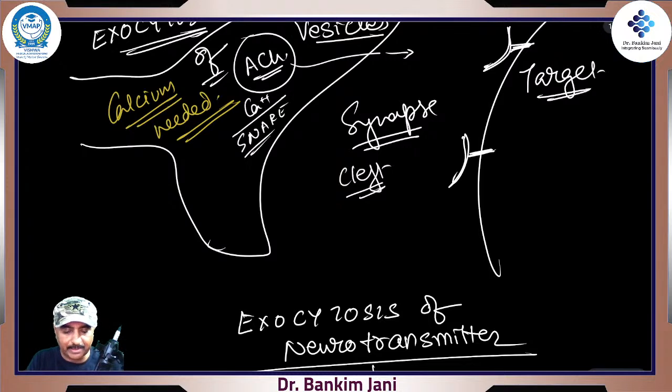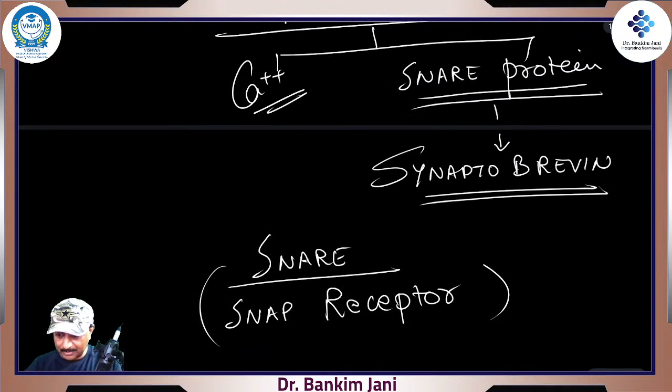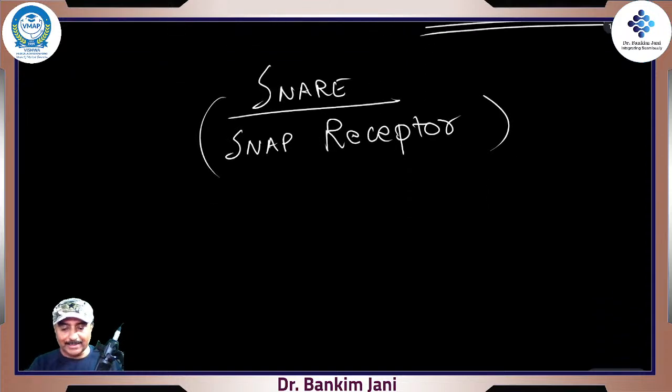What will this SNARE be doing? They attach to the surface and then they make the way. They are like the big boss and they say, make way, let the acetylcholine go out. So in case this SNARE protein is affected, yes, it will lead to restriction of that particular release. So this is synaptobrevin. SNARE means SNAP receptors.